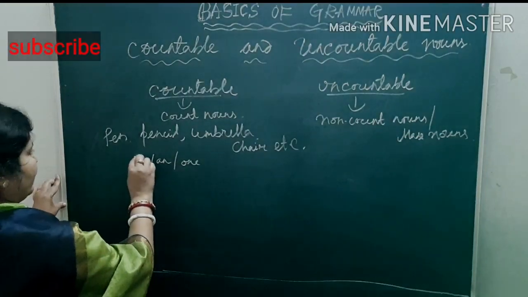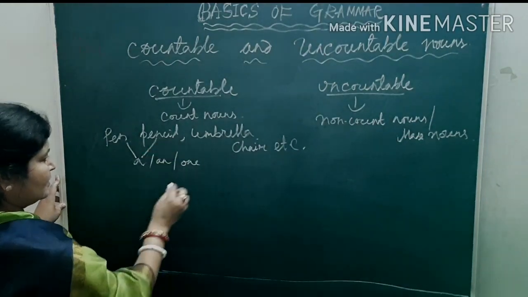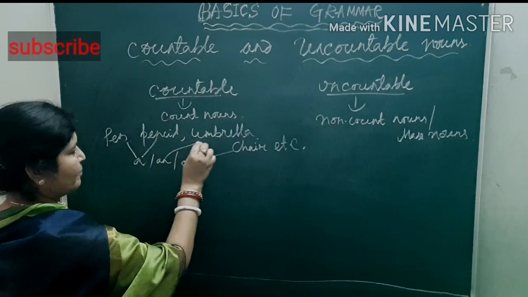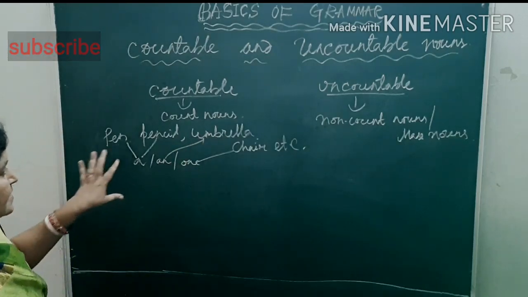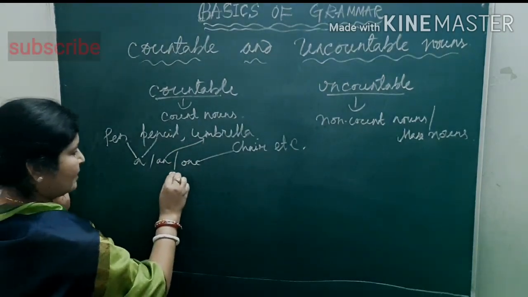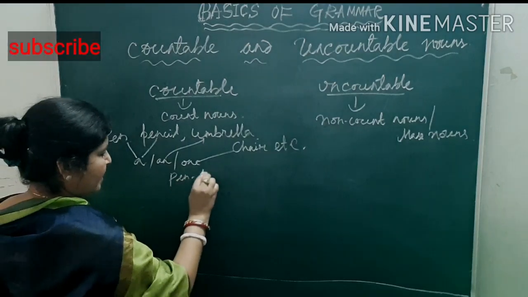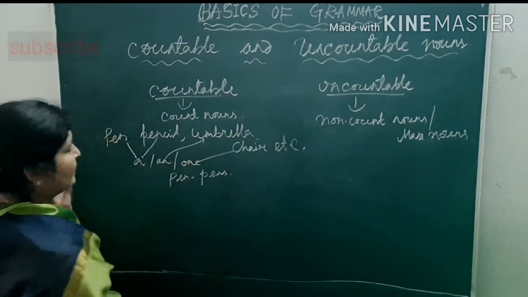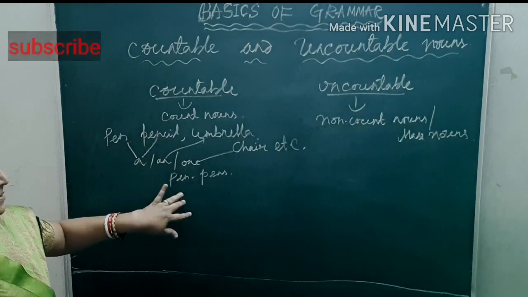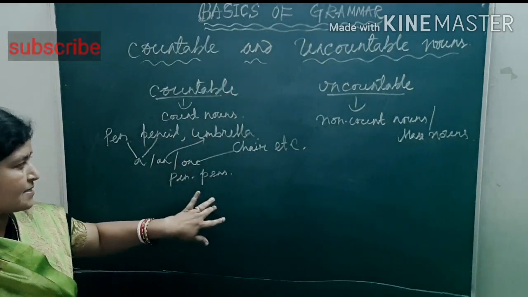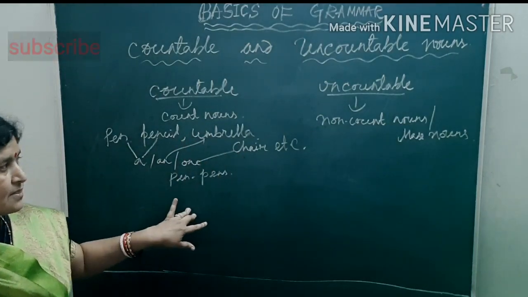Just a pen, a pencil, one chair, an umbrella. And these nouns have plural forms, like pen, pens, pencil, pencils, umbrella, umbrellas, chair, chairs.